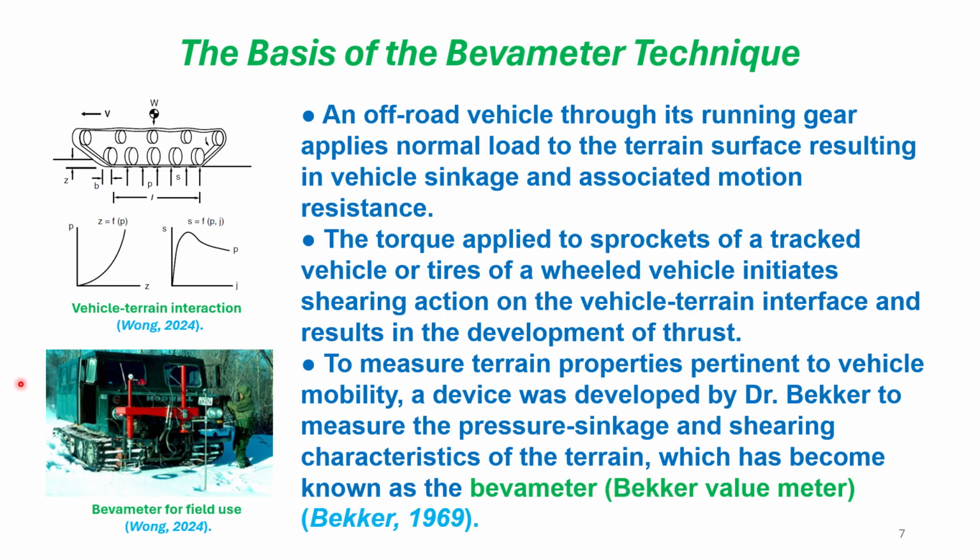This photo shows a vehicle-mounted Bevameter. This part of the Bevameter with a shear head is to measure the shearing characteristics of the terrain. This part with a shaft attached to a sinkage plate is to measure the pressure-sinkage relationship of the terrain.